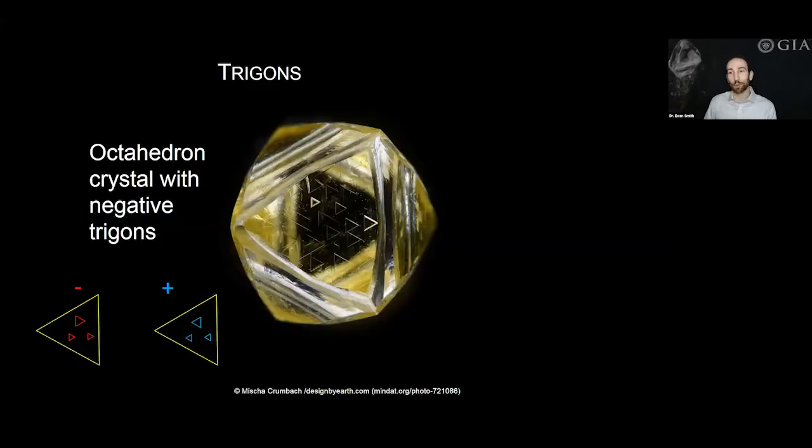Many octahedral diamond crystals show at least some evidence of negative trigons. The reason they are described as negative is that the orientation of the small triangular pits is opposite to the orientation of the triangular crystal face.